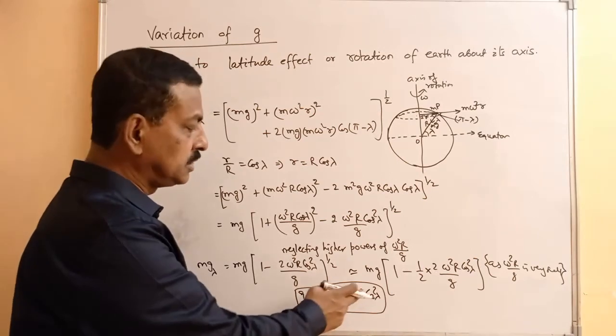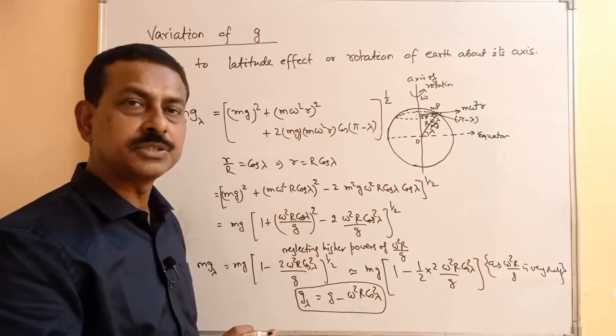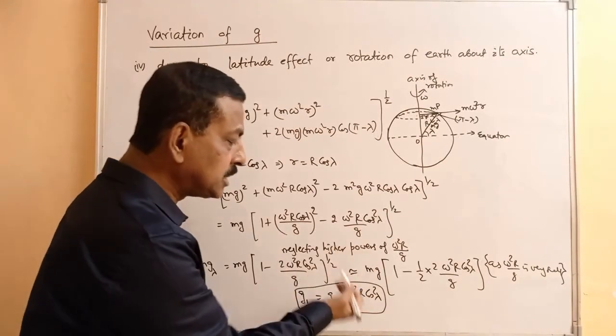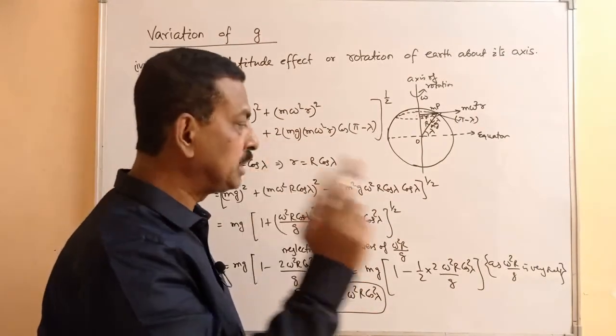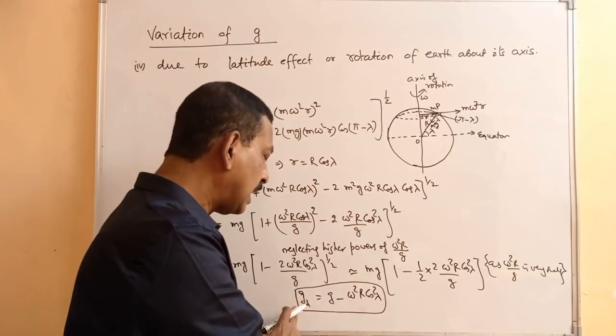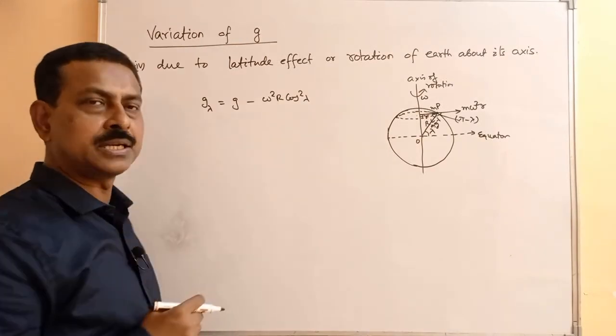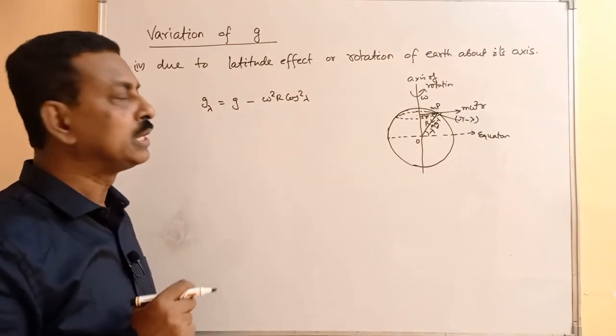Now you can see if lambda is varying, cos lambda will vary, so g lambda will change. If omega changes, omega is the speed with which Earth is rotating about its axis, so again this g lambda will change. So this is the expression for acceleration due to gravity due to latitude effect.